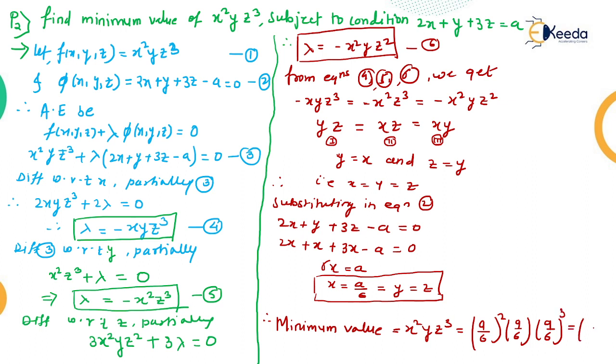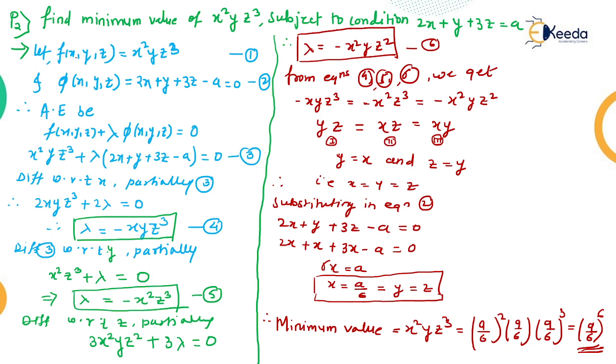So the total power of a divided by 6 is 2 plus 1 plus 3, that is 6, and this is your final answer, the minimum value of the given function. In this way you find the minimum value of a function of 3 variables, x square y z cube, subject to the condition 2x plus y plus 3z equal to a.